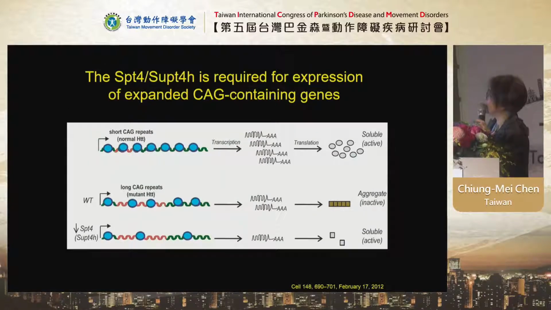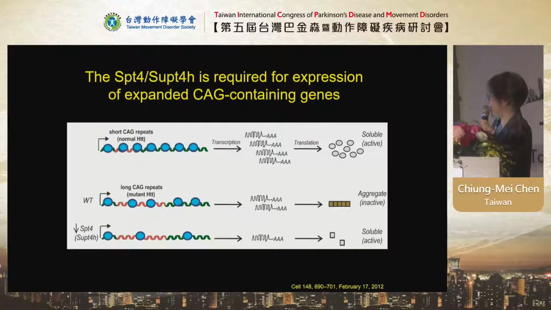And the last one, I talk about transcription level. SUPT4H is required for expression of expanded CAG-containing genes, but not for wild-type genes.